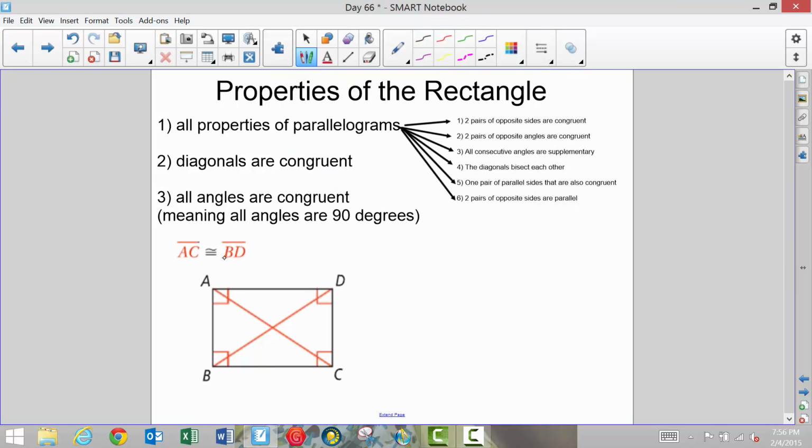So I have AC is congruent to BD, which means that when they intersect, I know that all these diagonal sections are equal. So I'm going to put point E here. So I know that AE will be the same as DE, will be the same as CE, will be the same as BE.